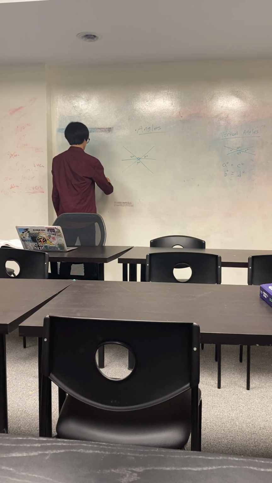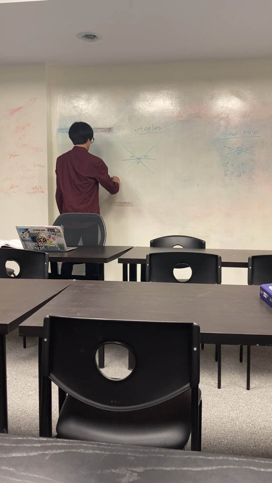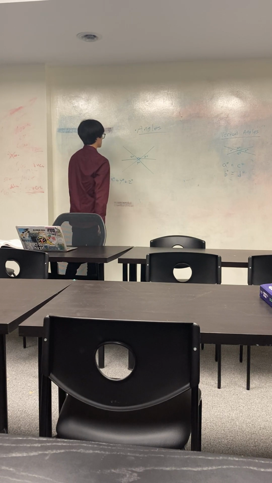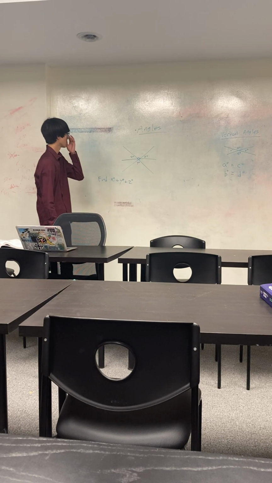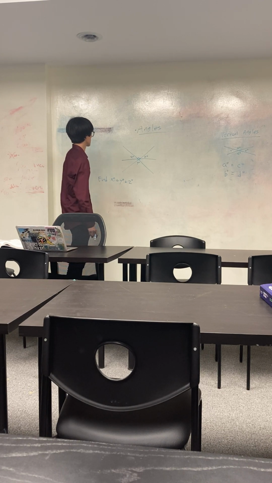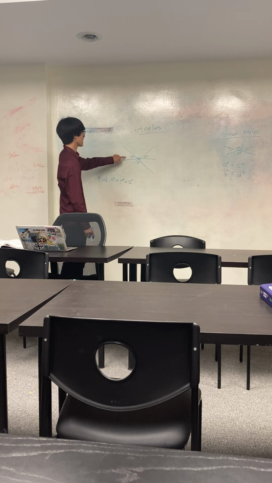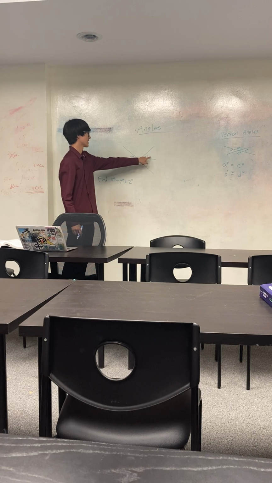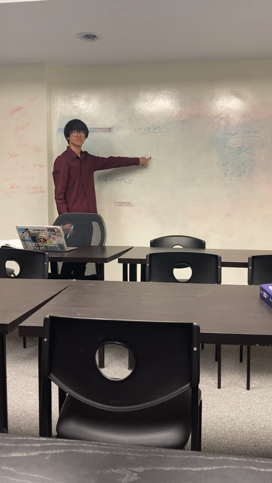What we're trying to do is we're trying to find angle X, angle Y, plus angle Z. Okay, so let's start with what we know here. So we have angle X over here, we have angle Y over here, and then angle Z over here.